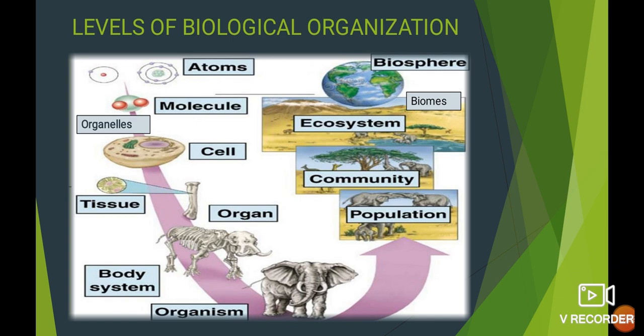Now, a group of similar organisms of the same species, for example, a group of people, or a group of monkeys, since they have the same species, is what we call a population. So a population is a group of organisms of the same species.